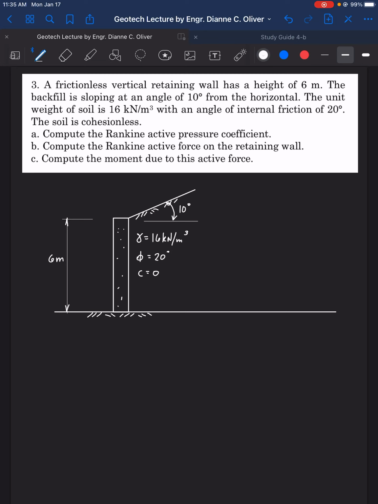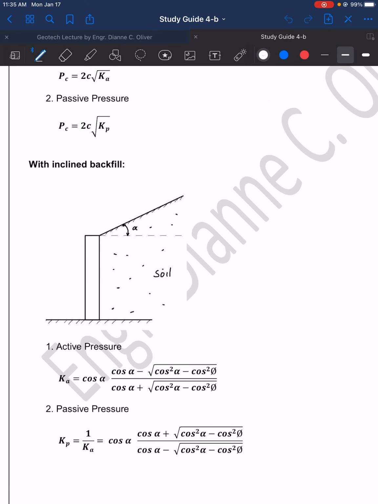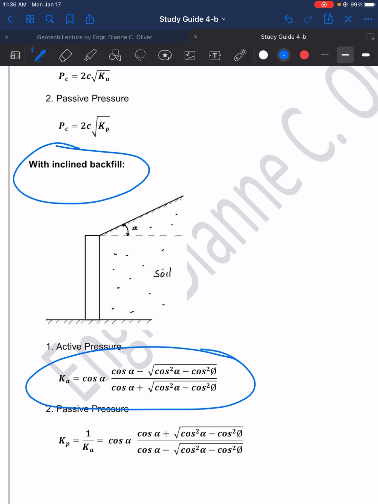So we have a formula for a sloping backfill from our study guide. With inclined backfill, we are solving for the active pressure coefficient. So this is the formula.